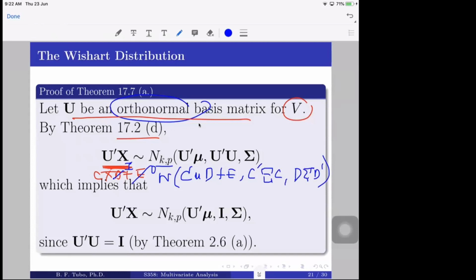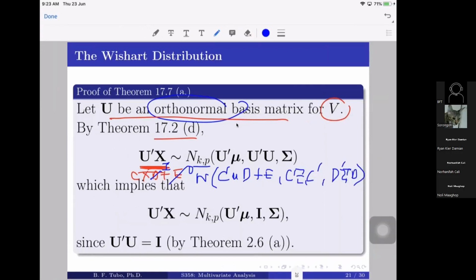Then for D, ma'am, the D prime comes first. Okay. So you have C psi C prime, and then D prime sigma D. Is this correct? Yes, ma'am.